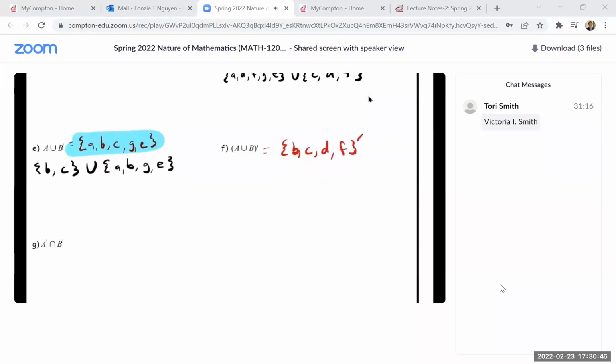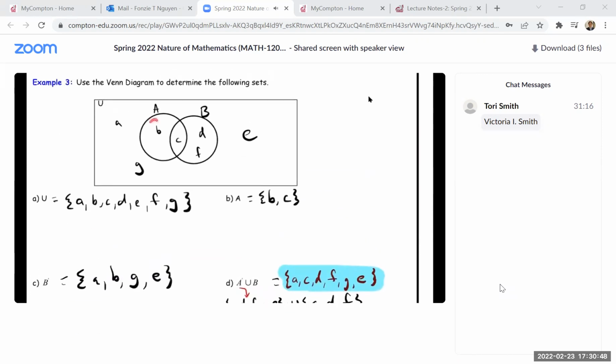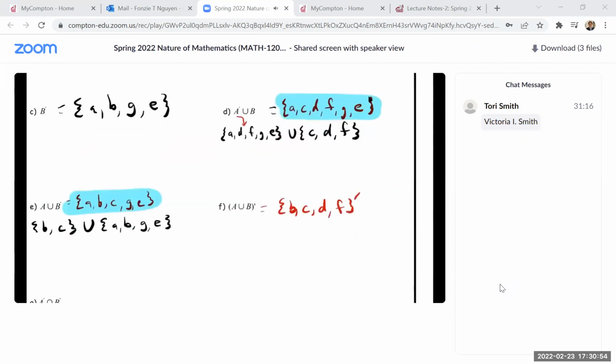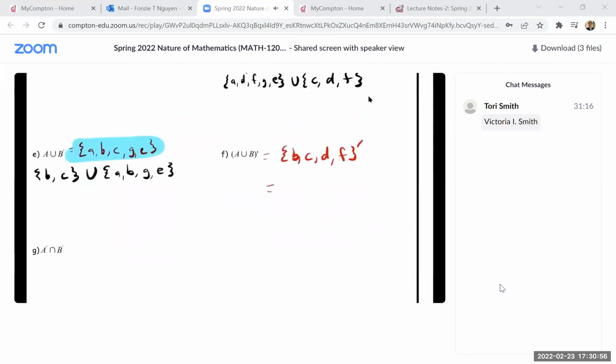That means everything outside of that. So everything outside of this: A, E, G. Very good. A, E, G would be our final answer. And remember, the order doesn't matter. You can put them in any order you want. And that's the final answer.